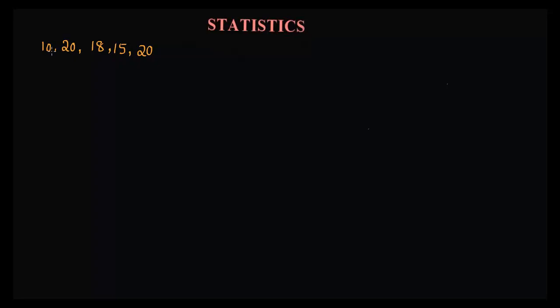So if I am talking about the marks scored by 5 students in a class, one student has scored 10, another 20, another 18, another 15, and 20, one more, right? So if I want to find the mean or average, both are the same, how do we find it?